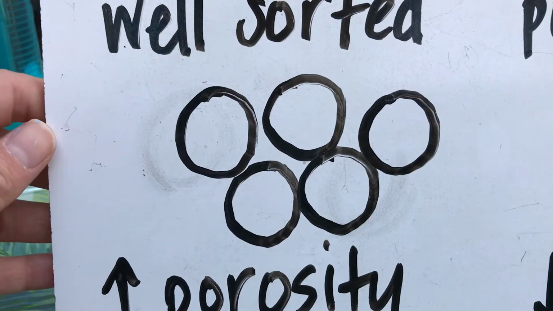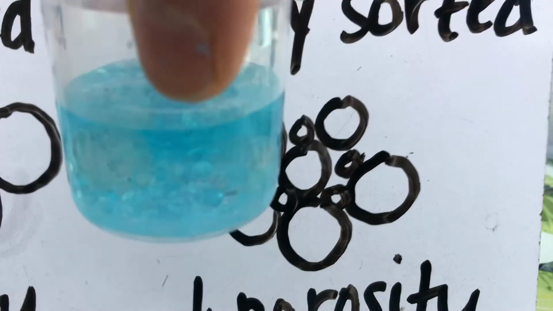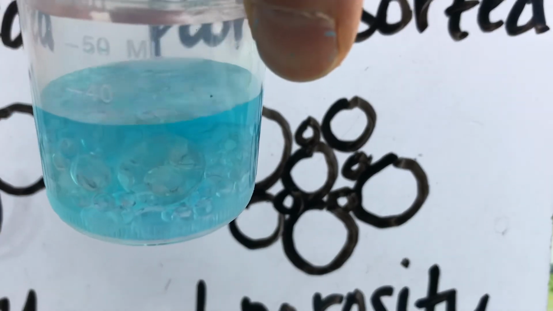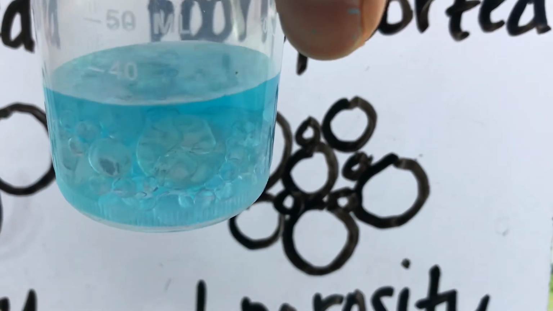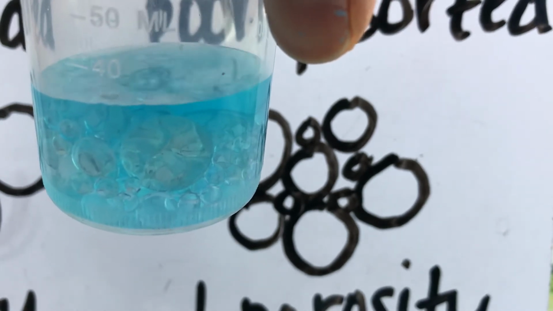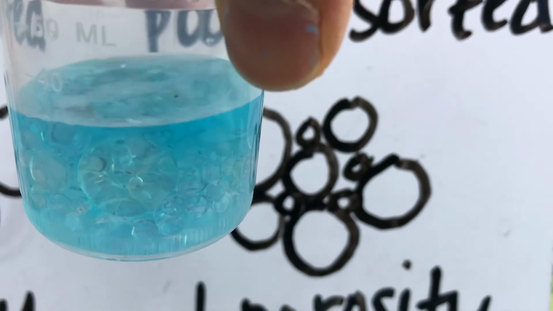And then the other sample, which is a mixture of different size particles, is one in which we call it poorly sorted, because the smaller particles fill in the gaps between the larger particles. So this makes less space for that material to store water.